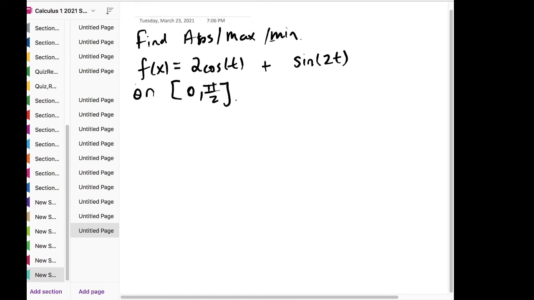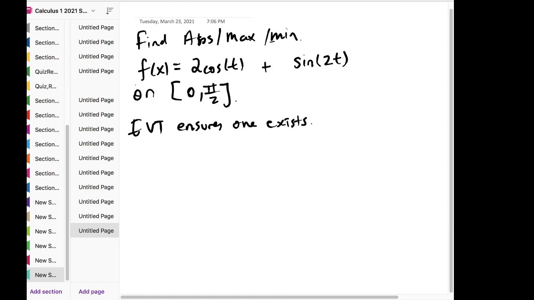Okay, why does this function have an absolute max and absolute min? Yes, 2 cosine plus sine is a continuous function, and it's defined on a closed interval, so that's extreme value theorem. So EVT ensures one exists.